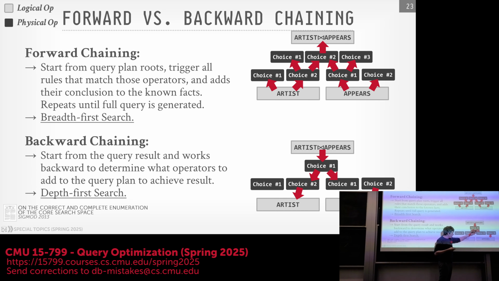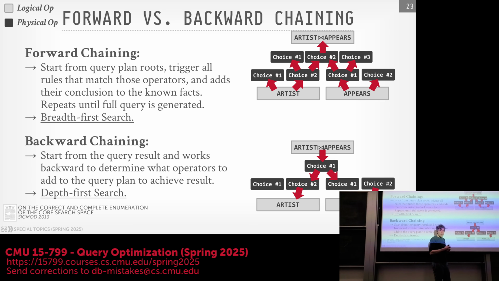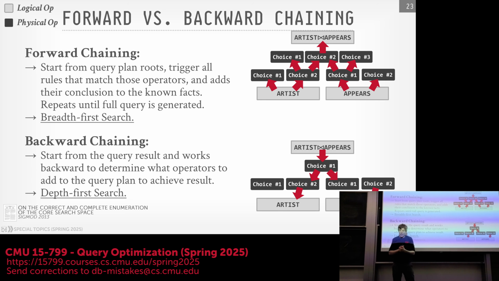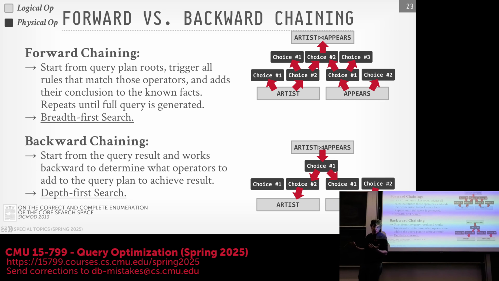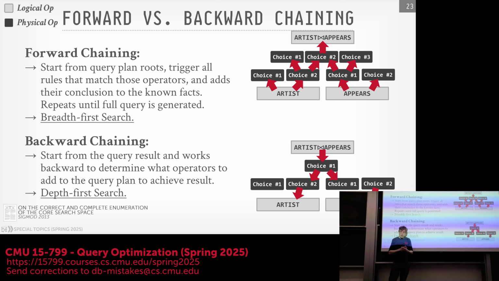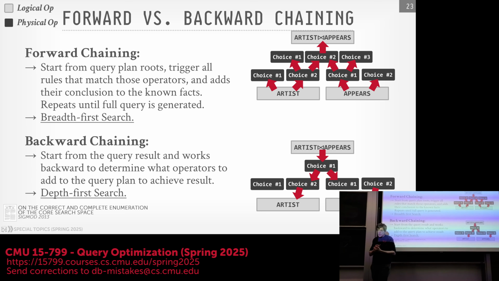Go down the other side, get the best way to access appears. And now at this point I have a complete query plan that I can actually execute. And there's a bunch of things I may not even have had to consider. I can get to an initial query plan more quickly than I can if I'm doing the forward chaining. It may not be better, but I can certainly get to an initial plan more quickly.